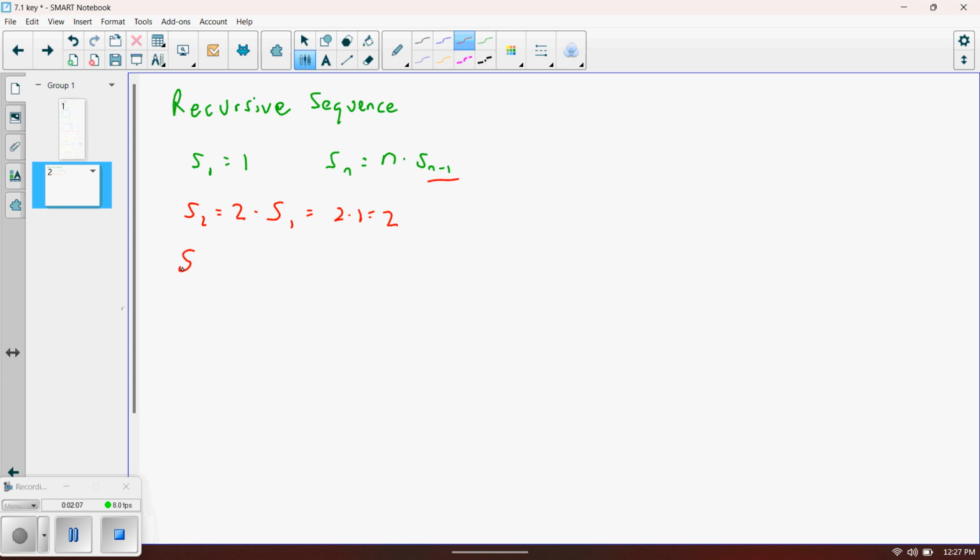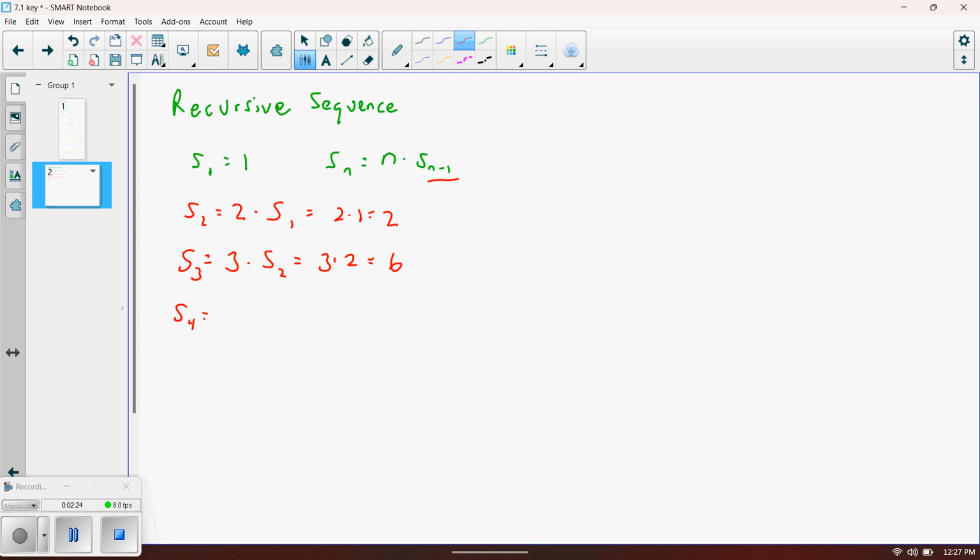And then s sub 3 is now defined to be 3, because that's the n, times s sub 2. So now I'm going to take what I got for s sub 2, which was 2, and multiply it by 3, which is then going to give us 6.